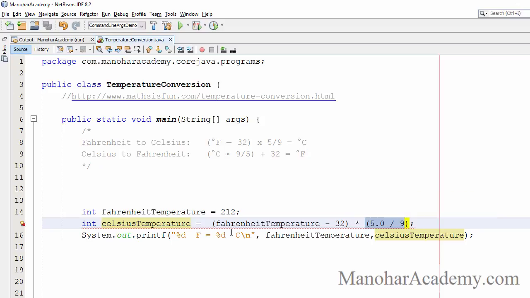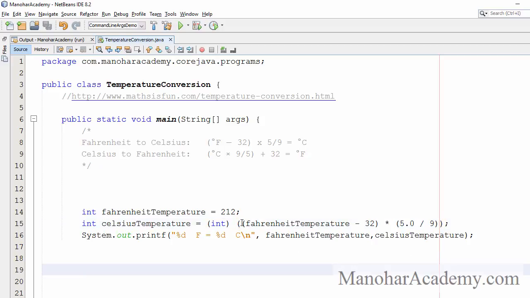So whenever we need to do that, we have to apply explicit typecasting using a cast. We write int there. Okay, still we are getting an error. What is happening here? Basically the cast has higher precedence than multiplication, so the whole expression should be included within parentheses.